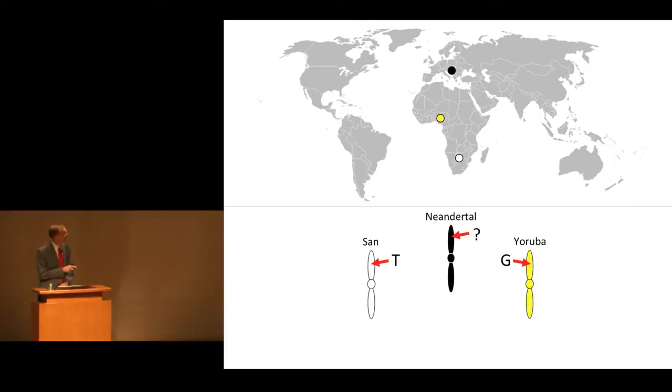Then we take the Neanderthal genome and say, how often does that match one African or another African? And this should be 50-50, right? Since Neanderthals have never been in Africa, there is no reason to assume that the Neanderthals would have contributed more to one African than the other African, and statistically speaking, that's the situation. Equally many matches to this African as that African.